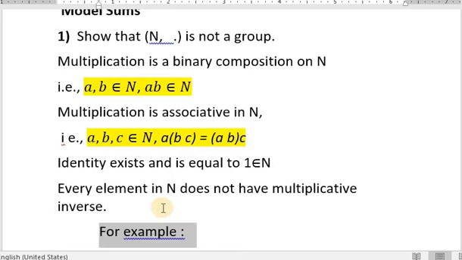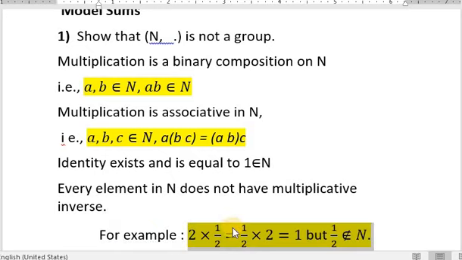Suppose you take one element 2, then the inverse of 2 is 1 by 2. So 2 into 1 by 2 is equal to 1 by 2 into 2, which is equal to 1. But a half does not belong to N. The set of natural numbers doesn't contain a fraction.